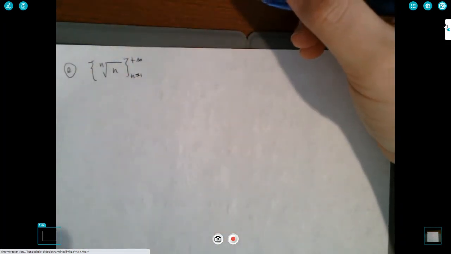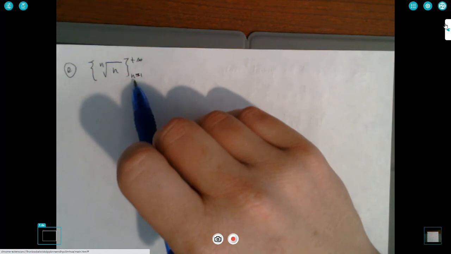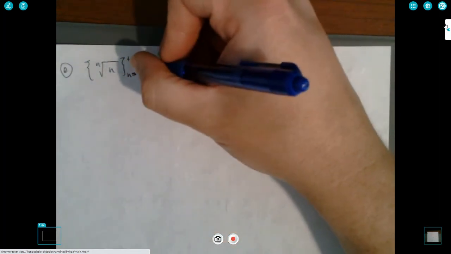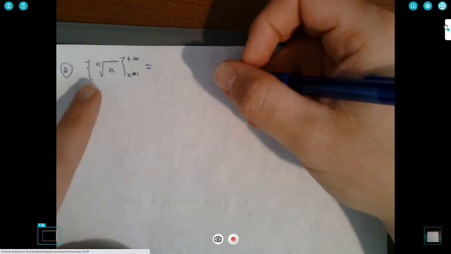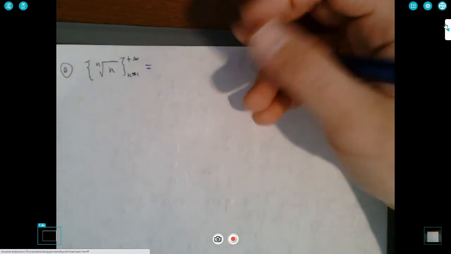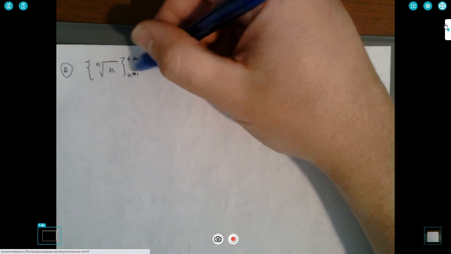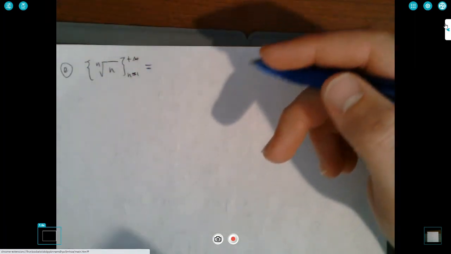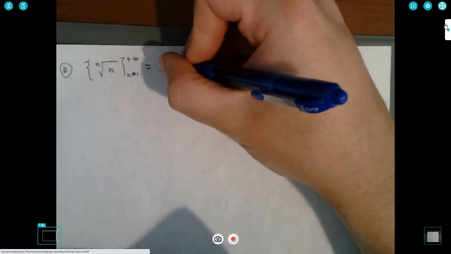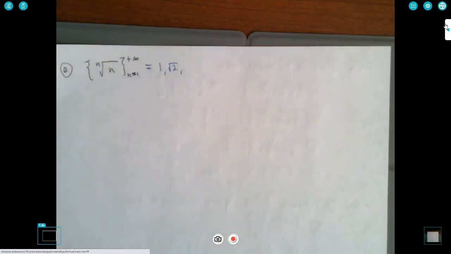So for any real number x, this might be a problem. But we're just looking at the whole numbers between 1 and infinity. We can make a list of some of these things. And this is kind of interesting too, thinking about the first root of 1. It's just going to be 1, right? And then you're going to get square root of 2, which I know is like 1.414-ish, but I'm interested in getting this in general.